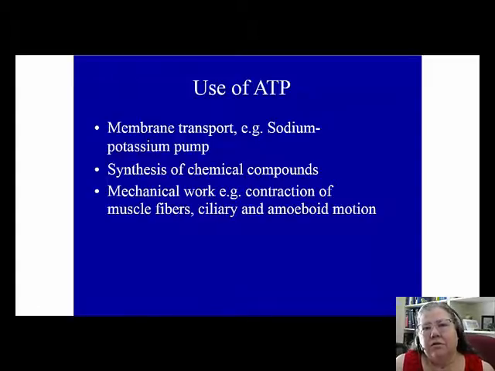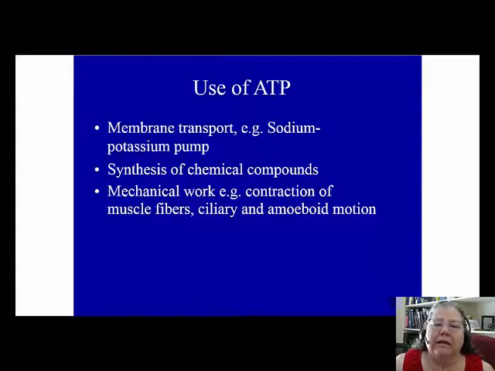ATP is also used in mechanical work. So muscle fibers, which use specialized proteins called actin and myosin to contract and do physical work, ATP provides the energy for that contraction.